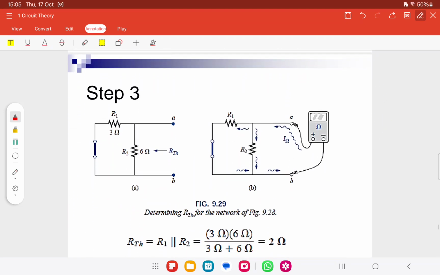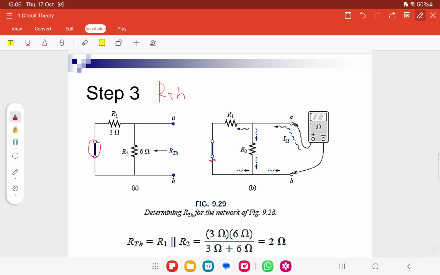Okay, and then what happened to the voltage source? Step number 3 yang panjang-panjang tu, what happened? This one kan? Nak cari RTH ni. What happened to the voltage source? Short circuit. This one lah, dia tak ada value.